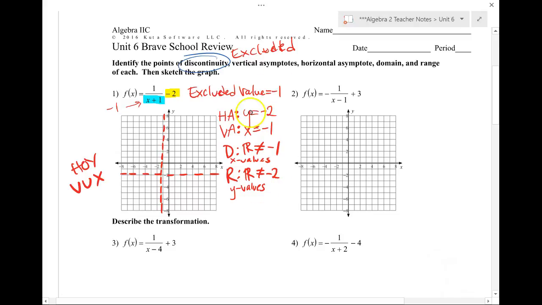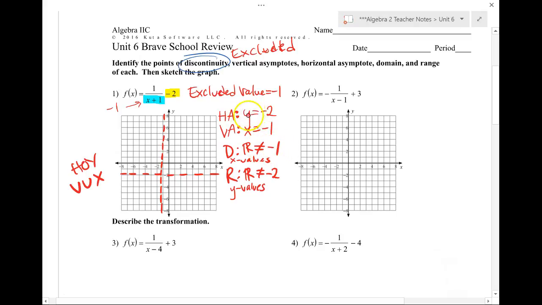And that's the nice thing about these graphs and these problems is that, for instance, the excluded value is -1. The vertical asymptote is the same value, but of course we write x equals -1. And then the domain includes that same -1 value, except we denote it like this: all real numbers except, cannot equal -1.